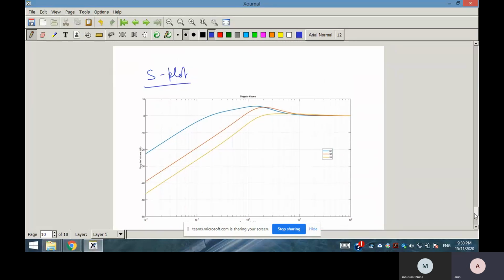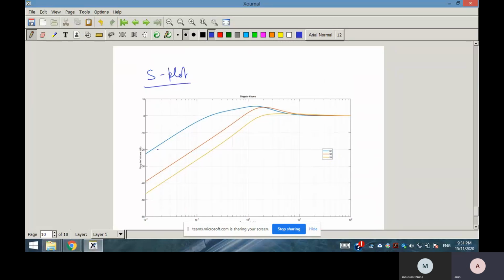Now you can see here L1, S1, S2, S3. S1 corresponds to low value of Q hat, that means roots of Q hat closer to the imaginary axis, S2 stands for medium value, and S3 stands for higher value.